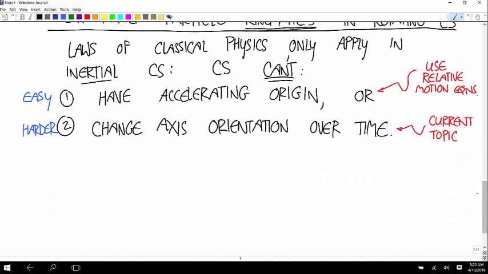Okay, so I'm going to try to illustrate, by this I mean a rotating coordinate system.